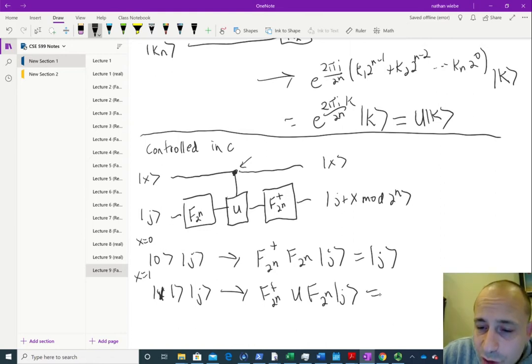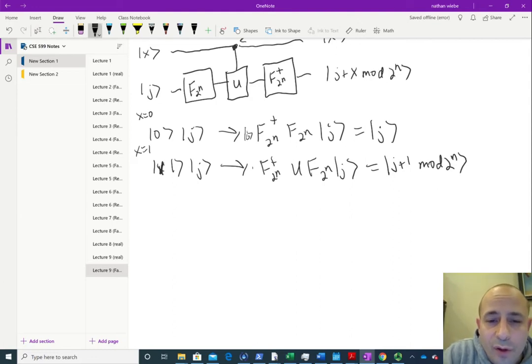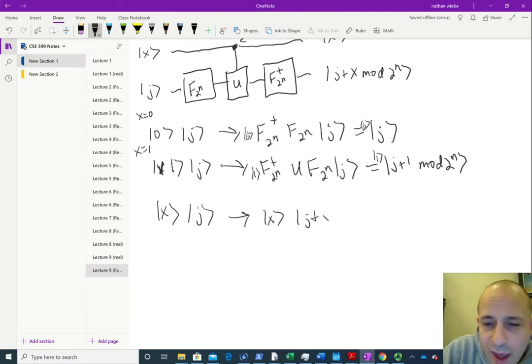And as established, this is equal to j plus 1 mod 2 to the n. Wonderful. Now, if we take a look at both cases, just like we did before, this ends up yielding, I should put a 0 and a 1 in here, 0, 1. This pattern is exactly equivalent to xj goes to x, j plus x mod 2 to the n.